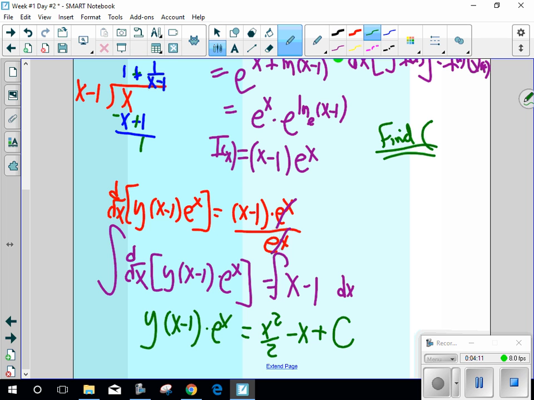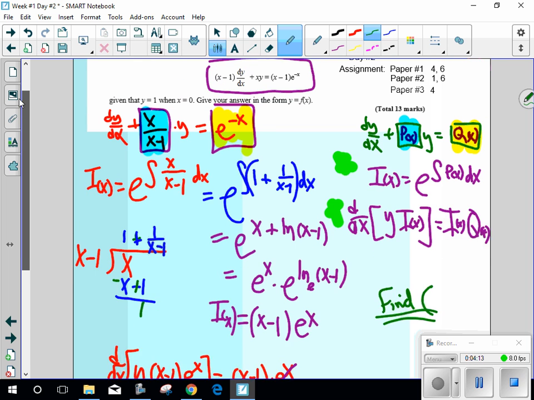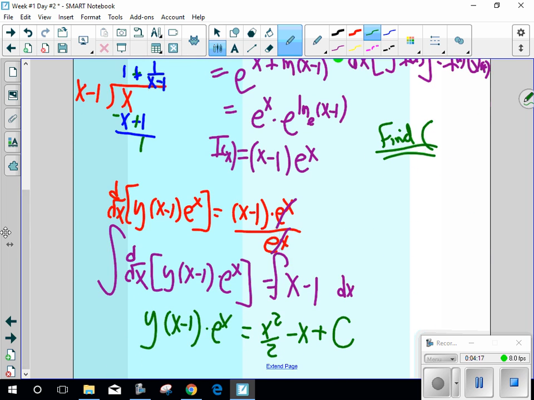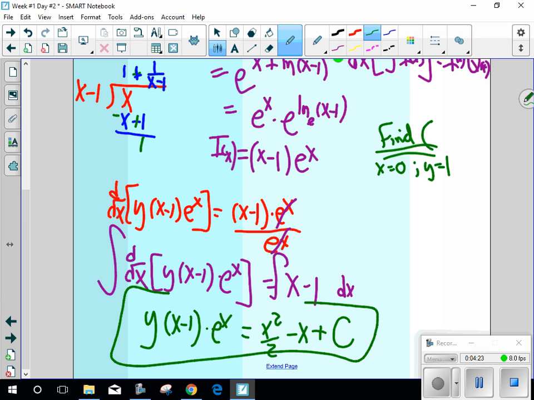Go ahead and find c. They gave us clues here. y is 1 when x is 0. So when x is 0, y is 1. See if you can use this to find c. So for c, you're going to put y is 1, and then x is going to be 0 minus 1.